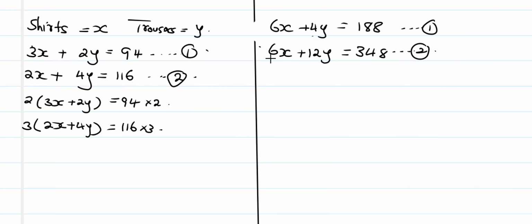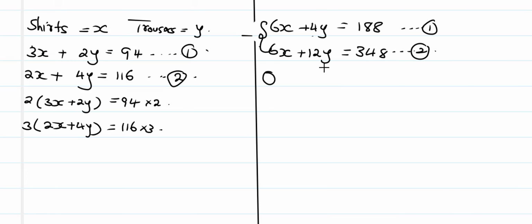So now that we have this part looking the same, as usual, we can continue with our elimination. And to eliminate x, I'll just subtract, because both of them are positive. So 6x minus 6x remains 0.